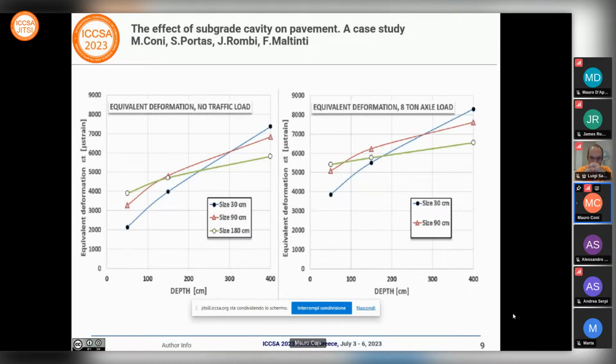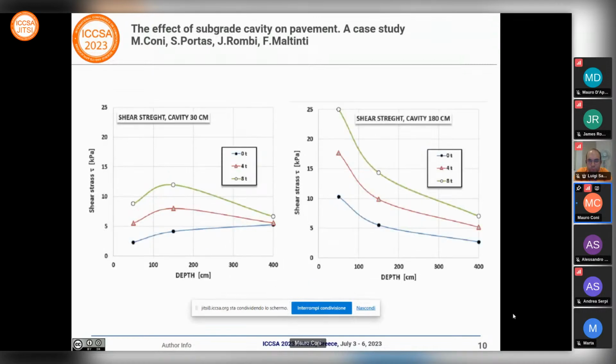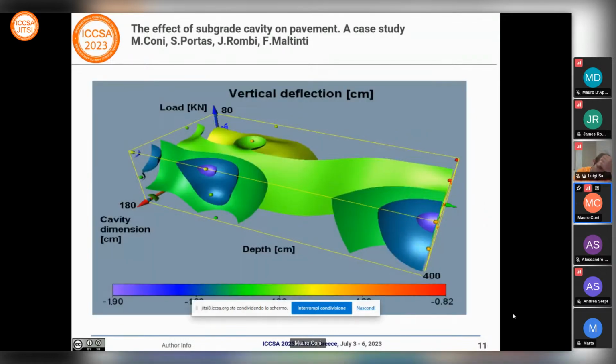You can see in this image how, with different depth, the size and dimension of the cavity without traffic load can involve complex behavior. The same complexity we registered considering the shear strength, but we registered a monotonic behavior of the component.